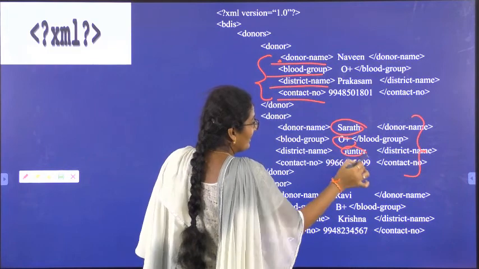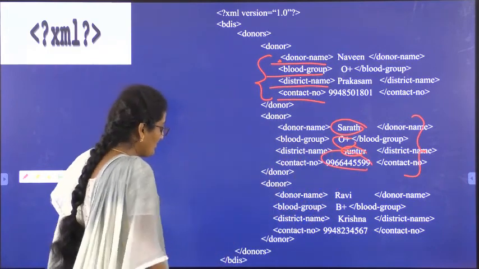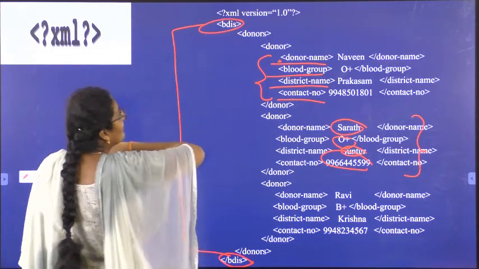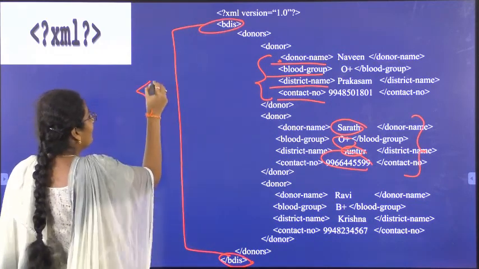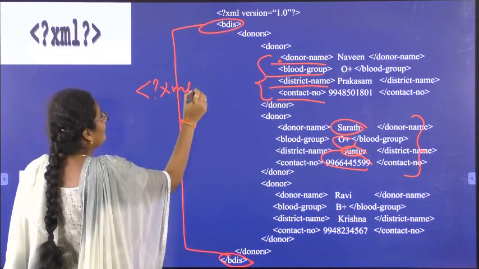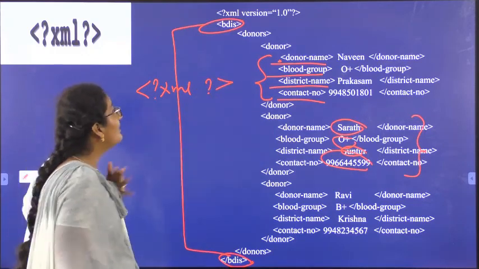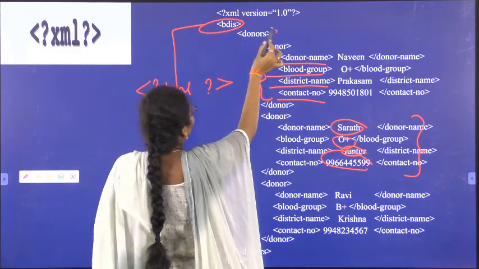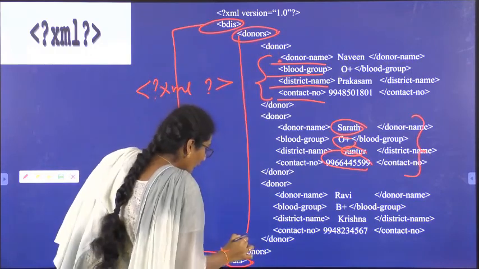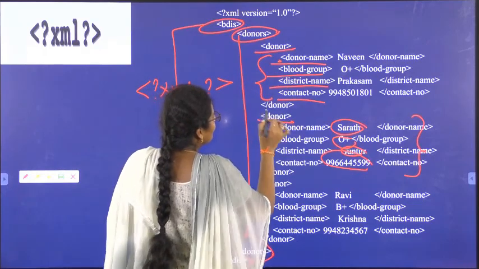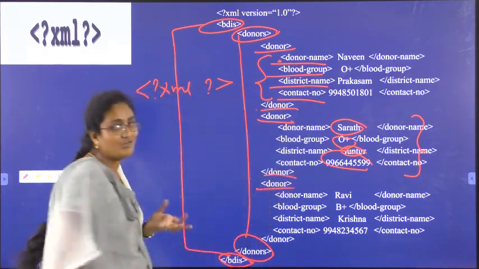The information we are giving from the past 3 programs is also the same. BDIS close tag, BDIS open tag same. The syntax for XML, bracket question mark XML version, question mark ending bracket, that is also the same. What happened here? Additionally, we have added the donors tag and a closing tag for that, and in between we have used the separate donor elements. So this is the only difference.